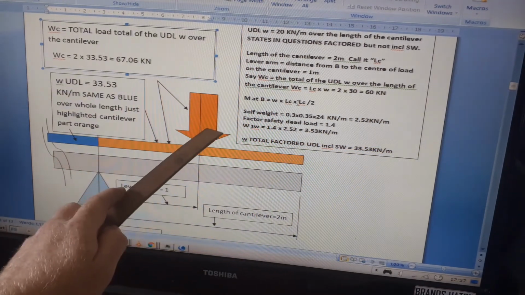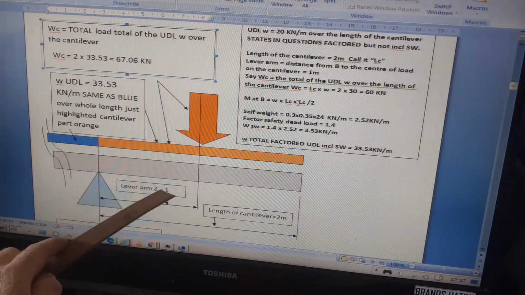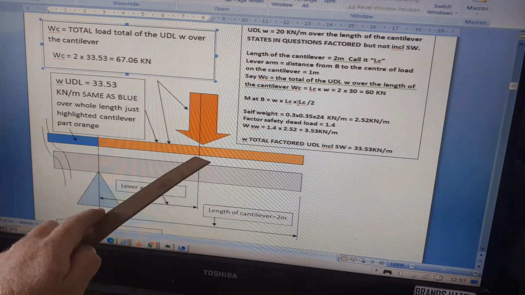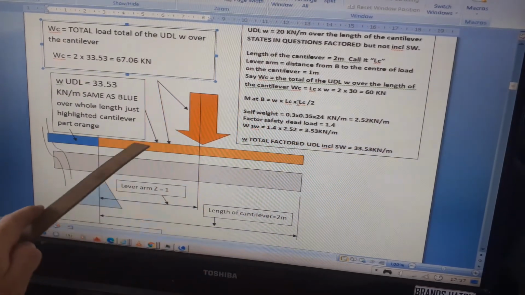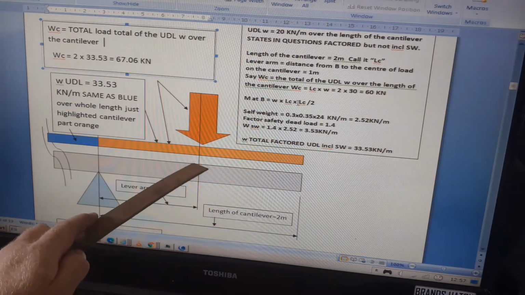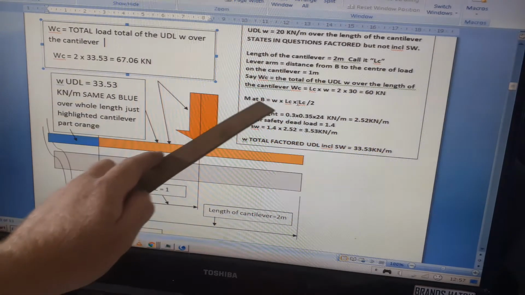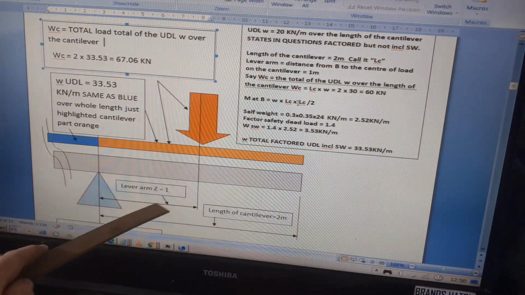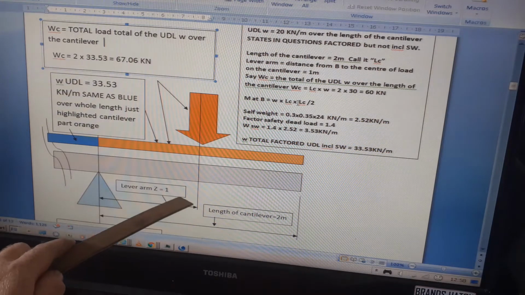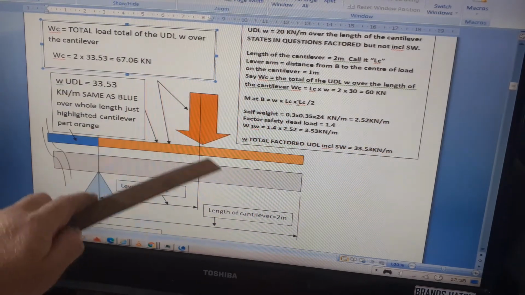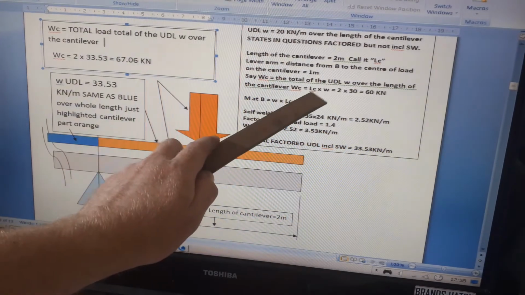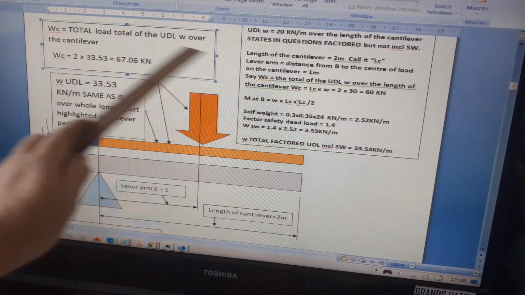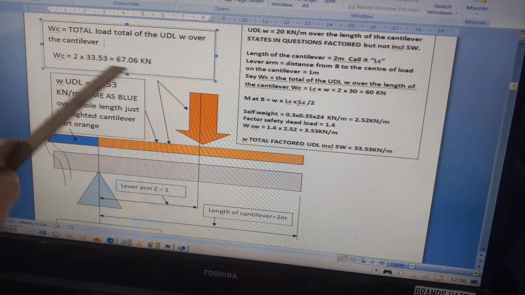So we need to find the equivalent point load and then the lever arm. The centre of area of the UDL over the cantilever is the whole cantilever length divided by 2, so 2 divided by 2 is 1, acting perpendicular to the beam. The equivalent load is just equal to 2 times the UDL.